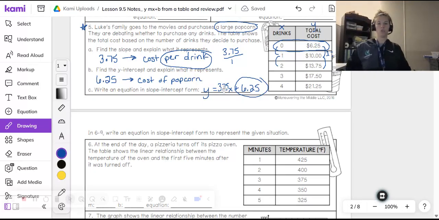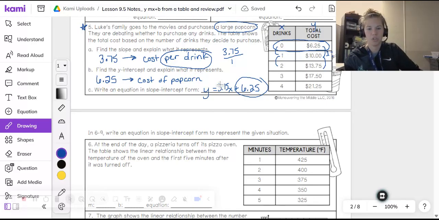You might also see that the y-intercept is a fee, or a rate that you pay no matter how much of the other thing you buy. If you go to the gym, you might pay a startup fee of $99, and then you only pay $10 a month after that. That startup fee would be your y-intercept.